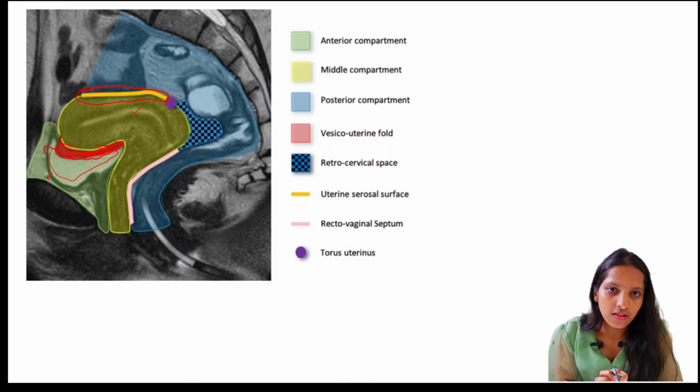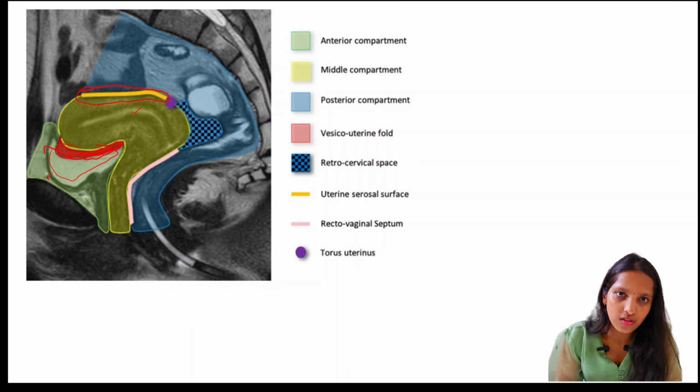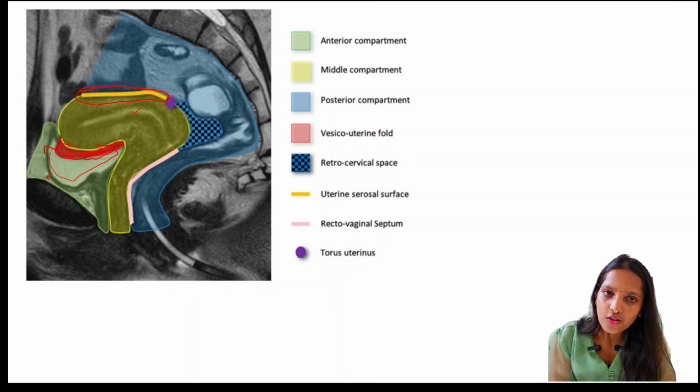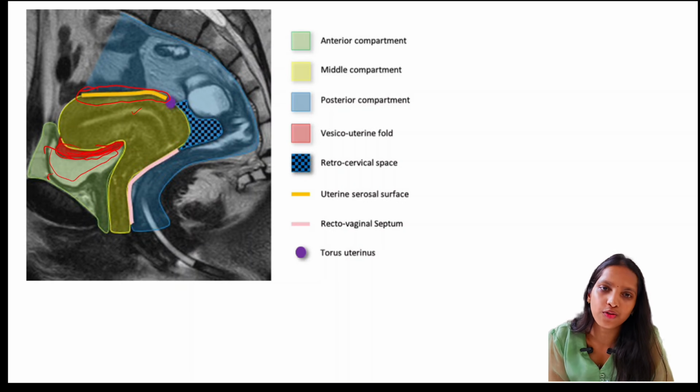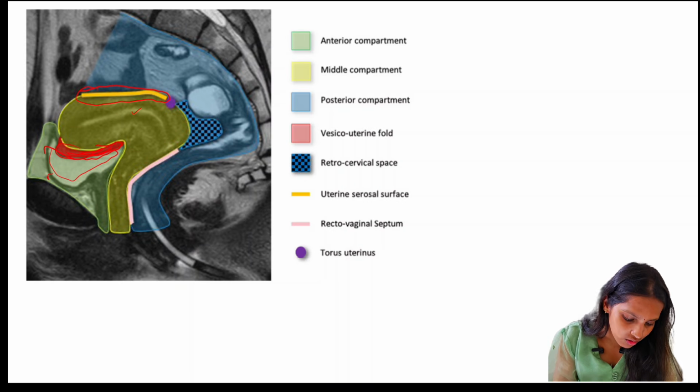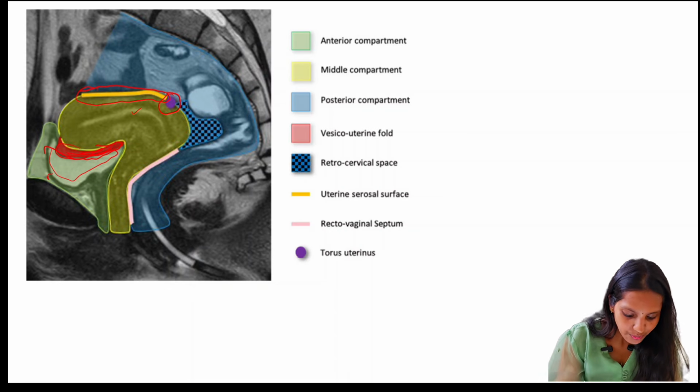The most common site for deep endometriosis, which is classically missed, is the torus uterinus, which acts as an insertional site for the uterosacral ligaments. That's outlined in purple.